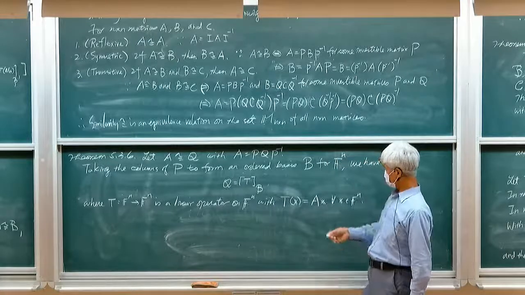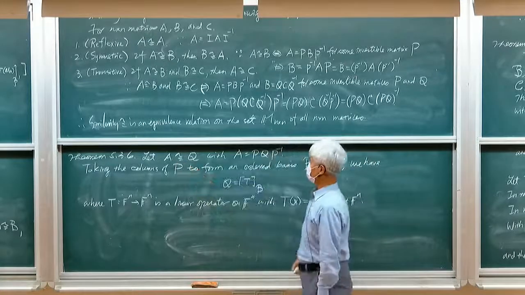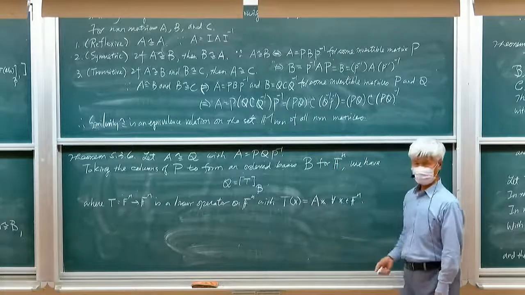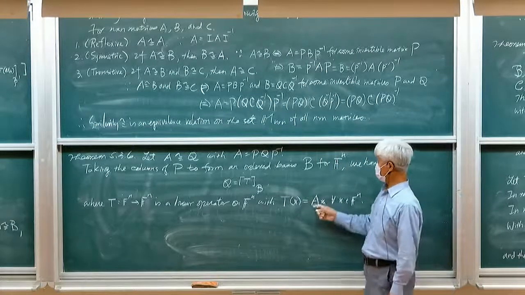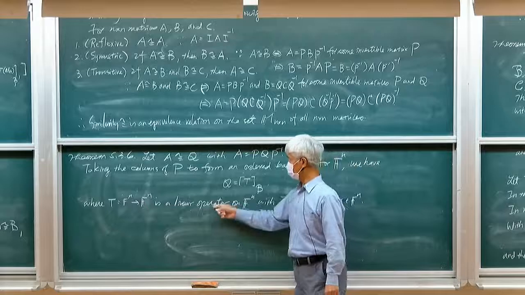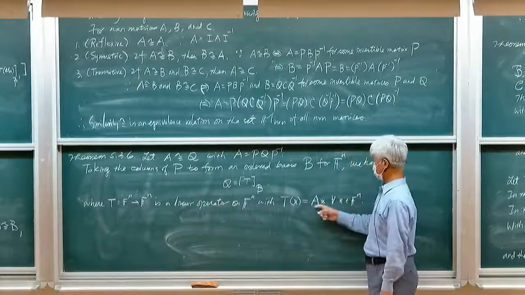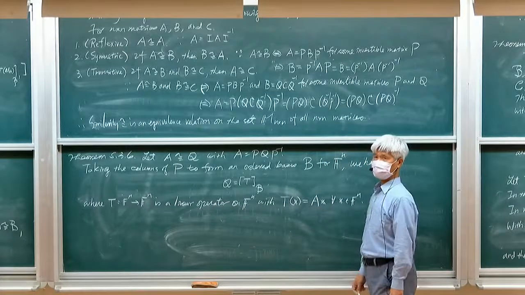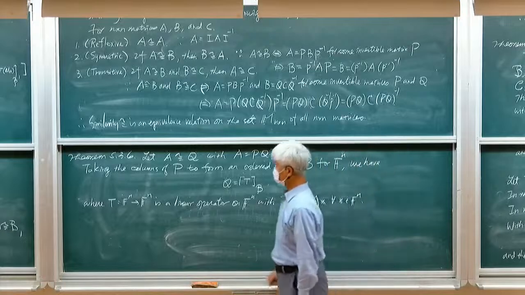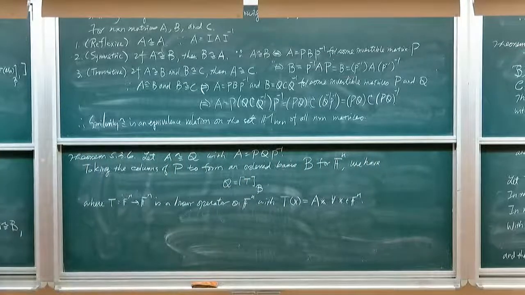So the matrix A serves as the matrix to define the linear operator on Fn. Okay, so we reach our goal.